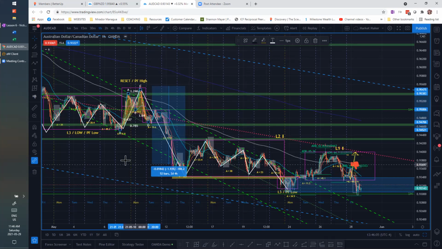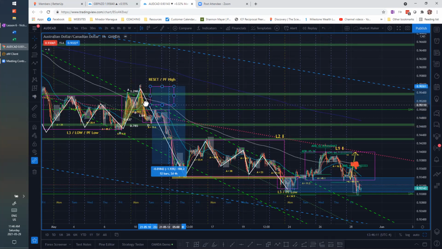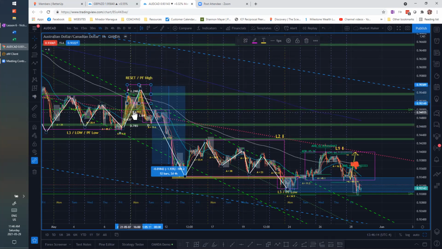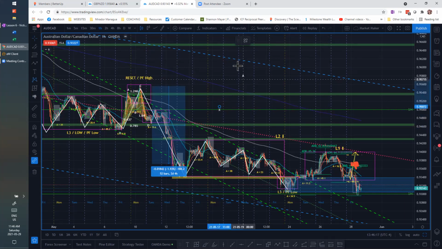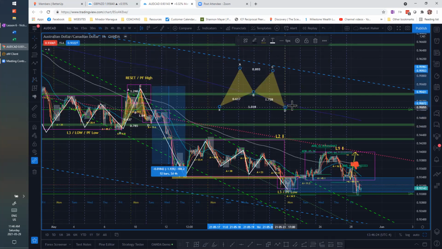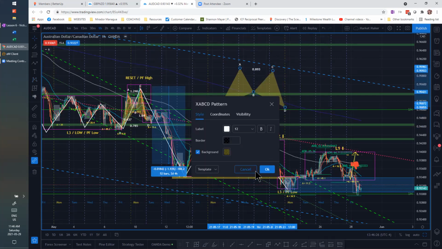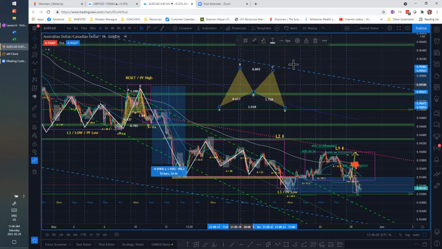And the problem I have with the harmonics is, okay, they all basically look like this. Let me just draw one. So all the harmonic patterns basically look like some form of that. It's like, okay, depending on the ratio, we call it this. And if the ratio of this changes, then we call it this. And if the ratio of that changes, then we call it this. And it's like, why do you care?